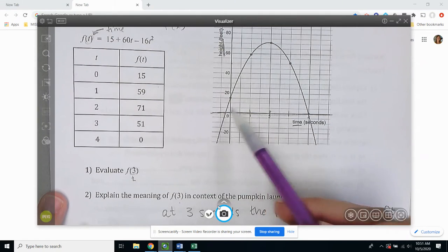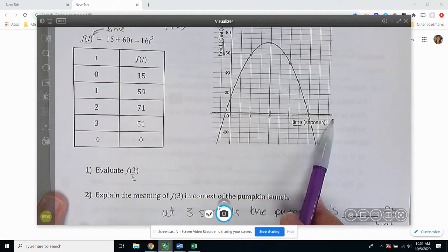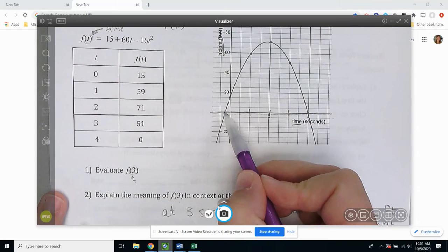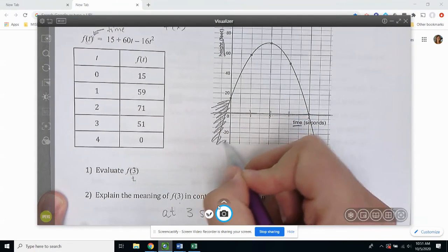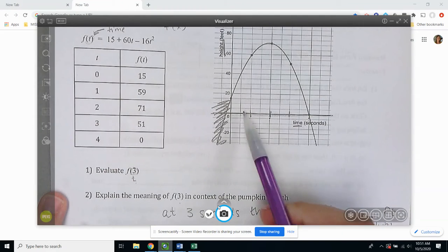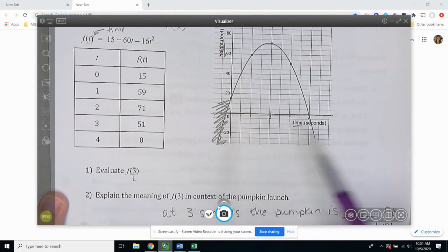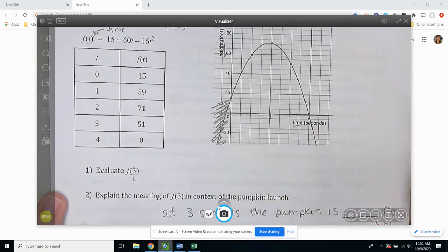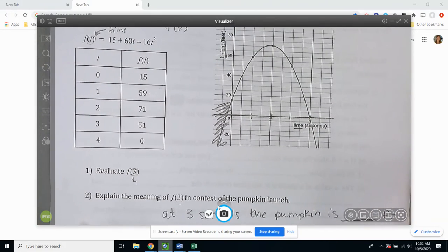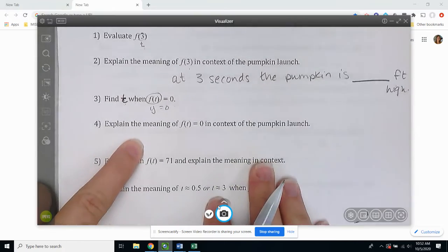This answer doesn't make sense because if your x-axis is talking about time, this would be negative time, which doesn't make sense. So you do not have to look at anything on this side of the y-axis. So go along your graph. Oh, well, it's right here, and that's at how many seconds? That is what number 4 is asking you.